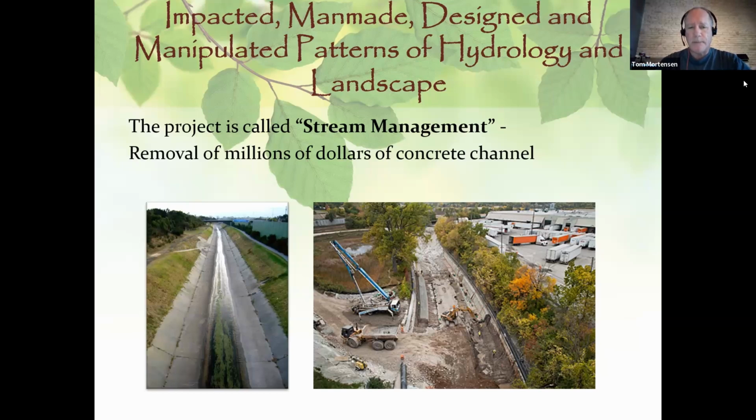So now what they're doing is a project called stream management. They're removing all of these concrete channels because they understand, oops, that didn't work for us. And they're trying to create more of a natural river corridor throughout the urban environment, which I think is great. I mean, we're limited on space in some of these areas because of adjacent development, but they call it stream management.